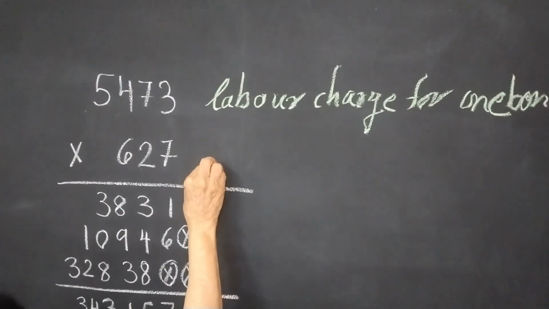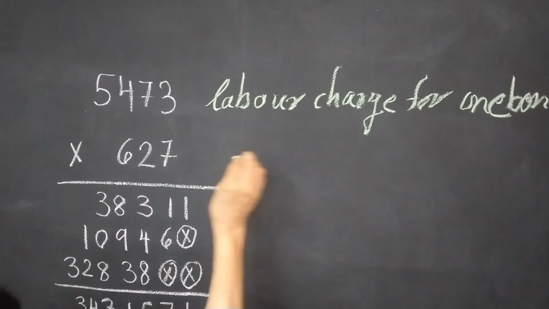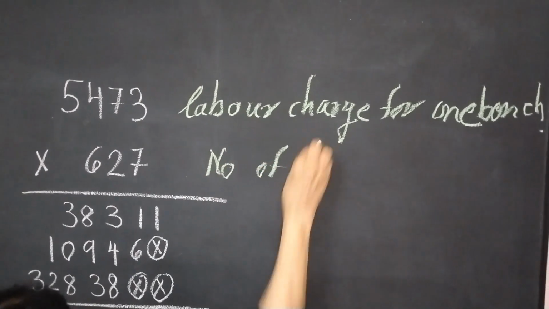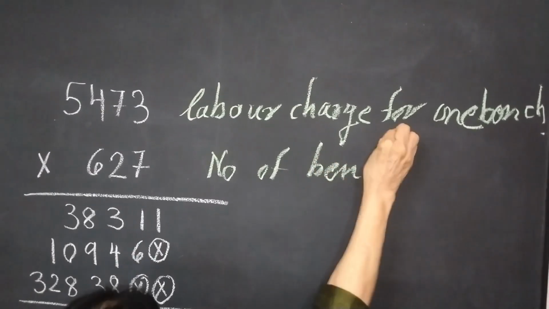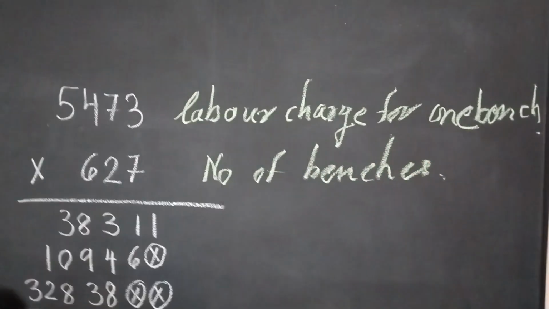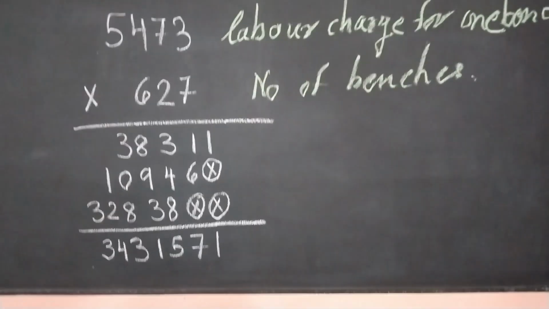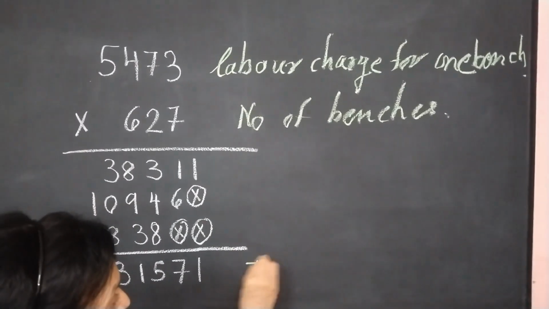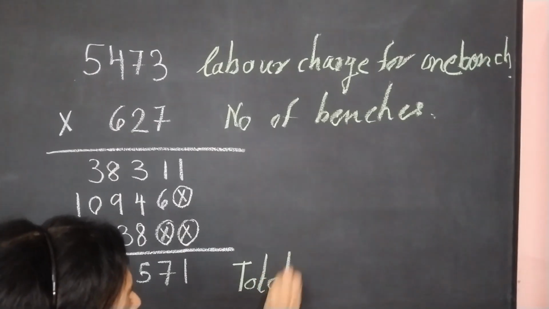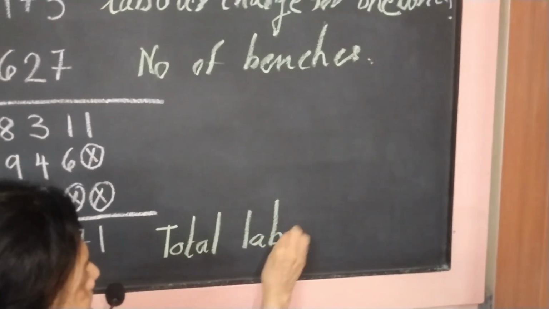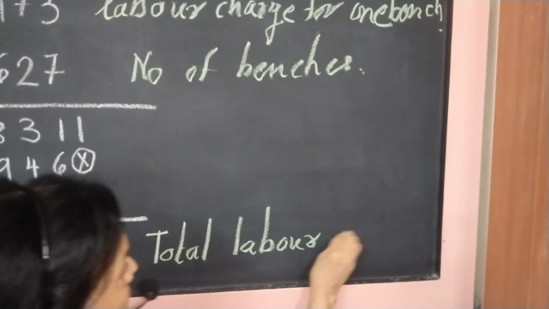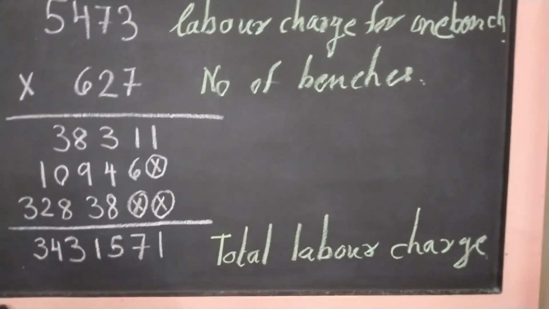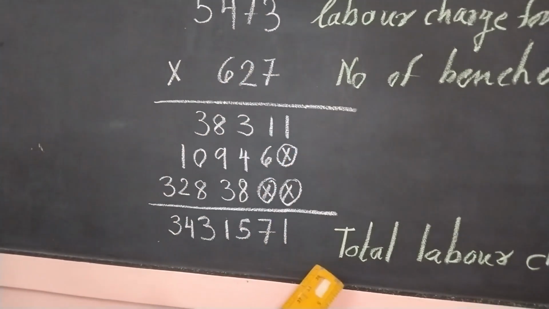And these many benches have to be made. So these are the number of benches. So the total labor charge will be given by our final answer. So this is the total labor charge. Now this we have written in short.